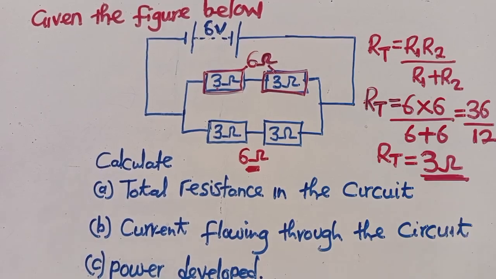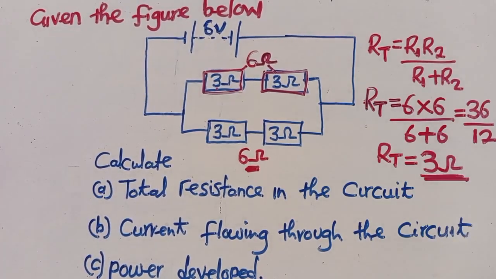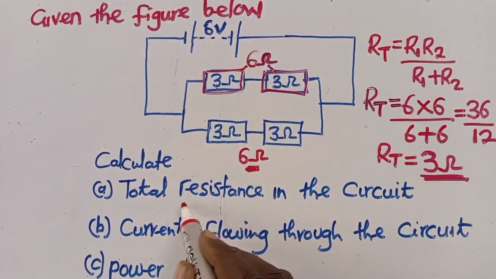Resistance is the opposition. This is what you need to know and understand. Sometimes they may even tell you to state Ohm's law. So you need to understand that Ohm's law states that the current flowing through a conductor is directly proportional to the potential difference. You need to understand those simple basics.